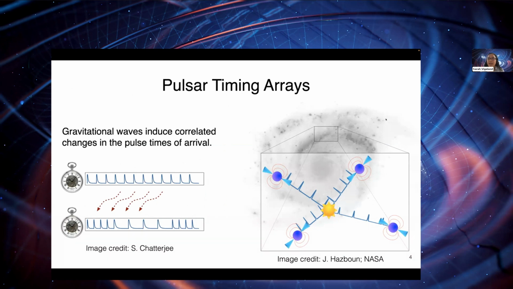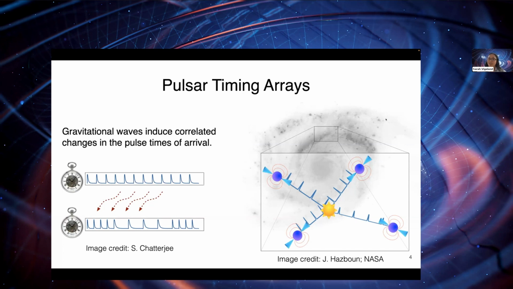So a pulsar timing array is constructed by making regular observations of many millisecond pulsars, many dozens of millisecond pulsars located all over the sky. And the effect of a gravitational wave will be to induce small changes in when those pulses arrive at the Earth.